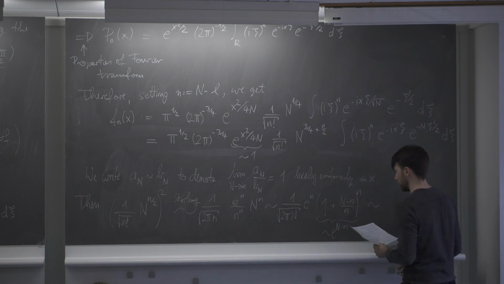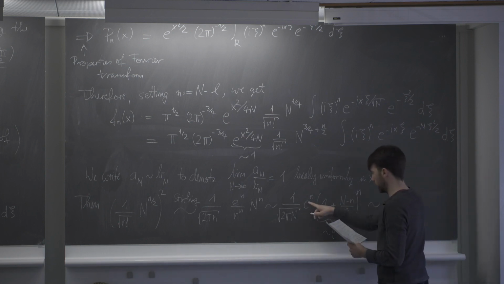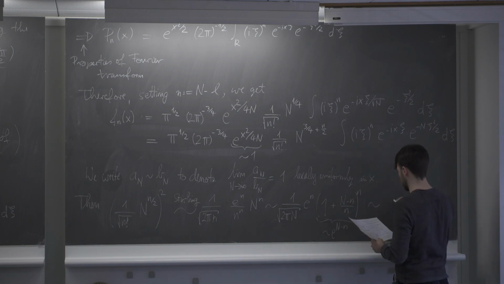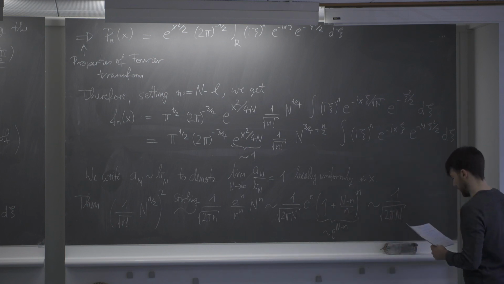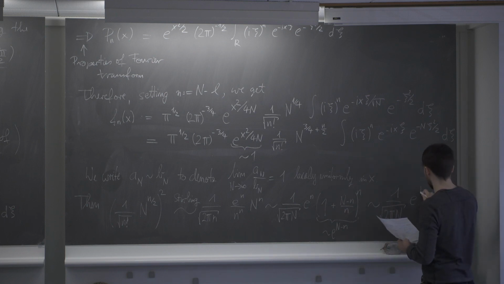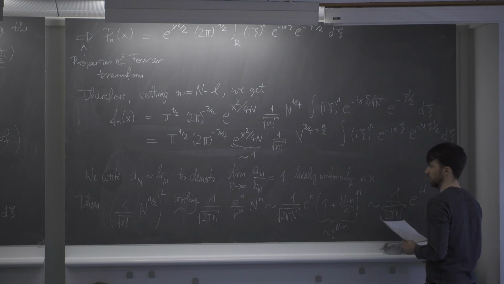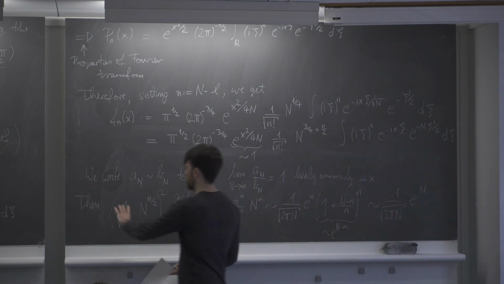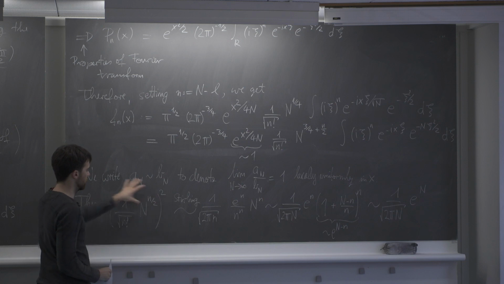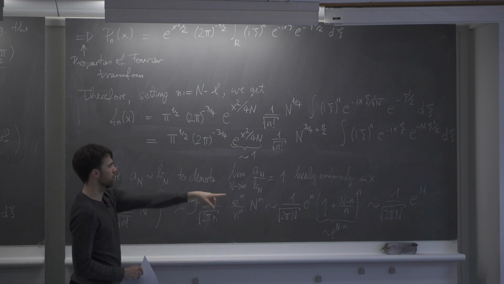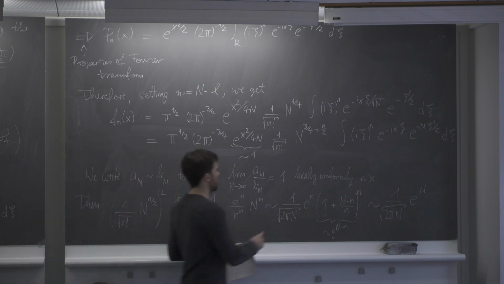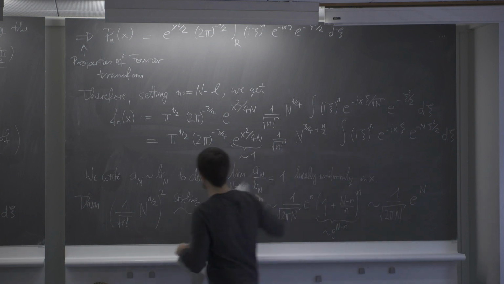This is an e to the L. And then I can put these two things together, so I end up with 1 over square root 2 pi n, and then there's an e to the n. This is left. So this is the behavior of this factor here, note the square, for large n. And now I will use this in the previous formula.